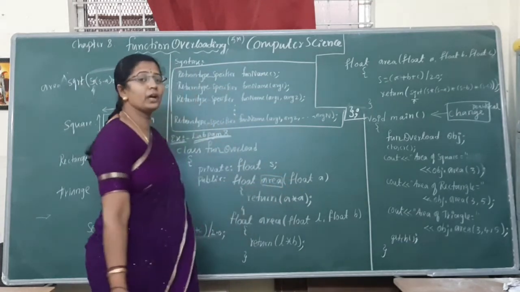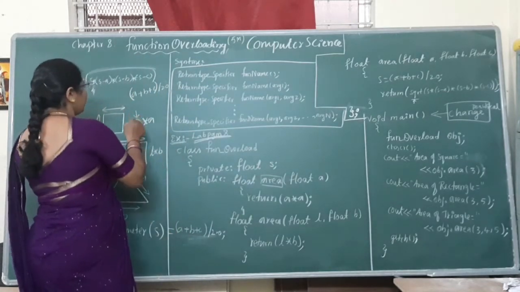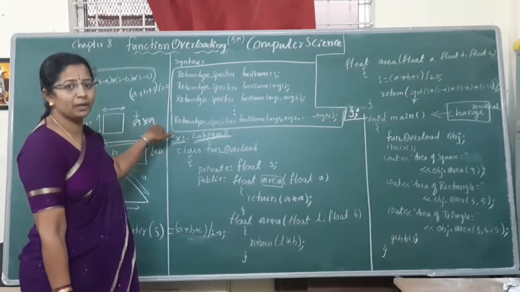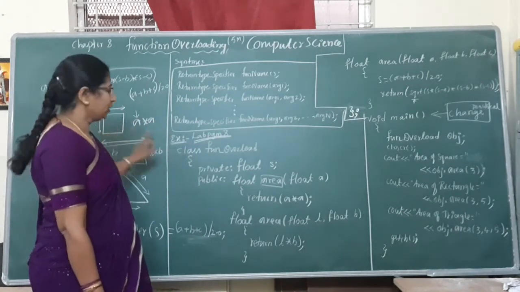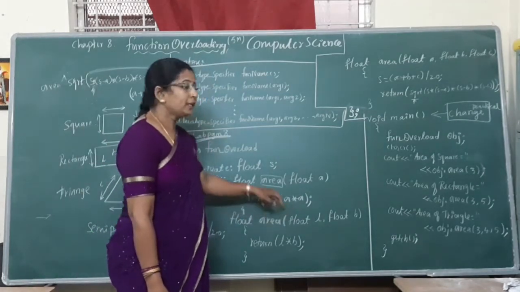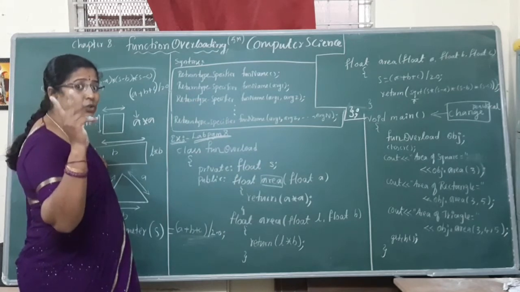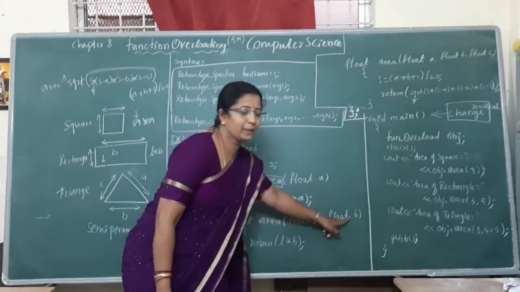In the first function we are finding the area of a square. I need only one value; the same value is multiplied twice, so I can get the area of the square. So A into A. To calculate the area of a rectangle, how many values do I need? Two values. What are those two values? Length and breadth.